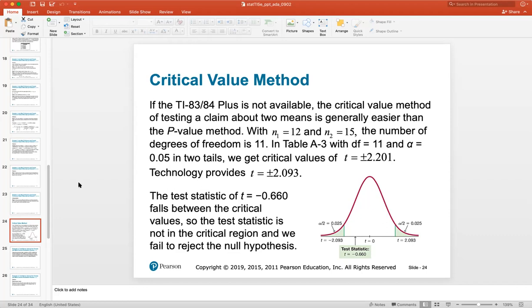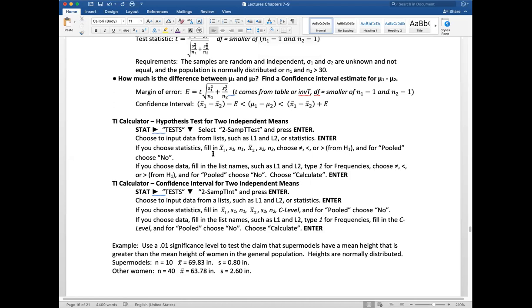If you deal with hypothesis testing problems for two independent means, the key point is that you're going to use the two-sample t-test in the calculator. Let's go back to the lecture notes.